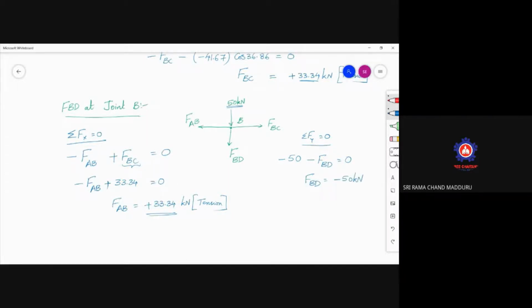FBD is minus 50 kilonewtons. This is compression. As it is negative, negative will be considered as compression. Positive will be considered as tension.